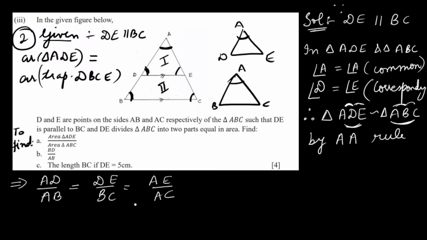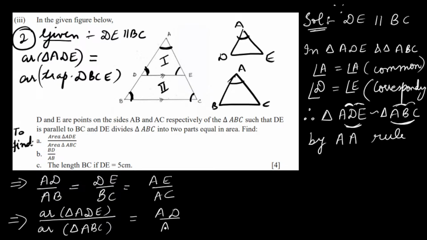Also we know the ratio of the areas. Area of triangle ADE to area of triangle ABC is equal to the square of the ratios of the corresponding sides.